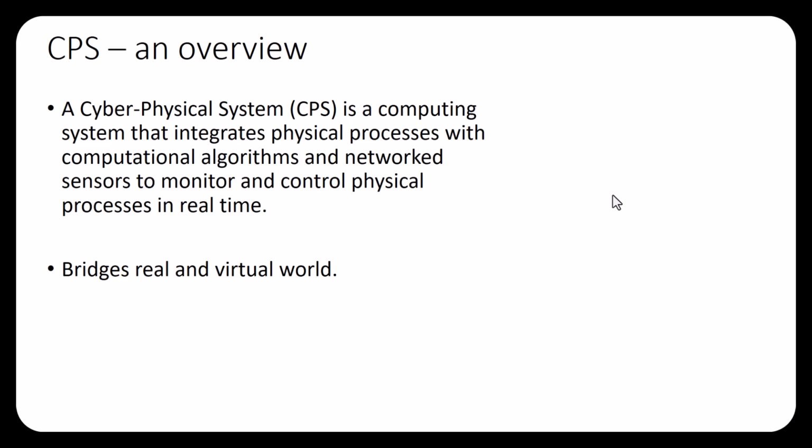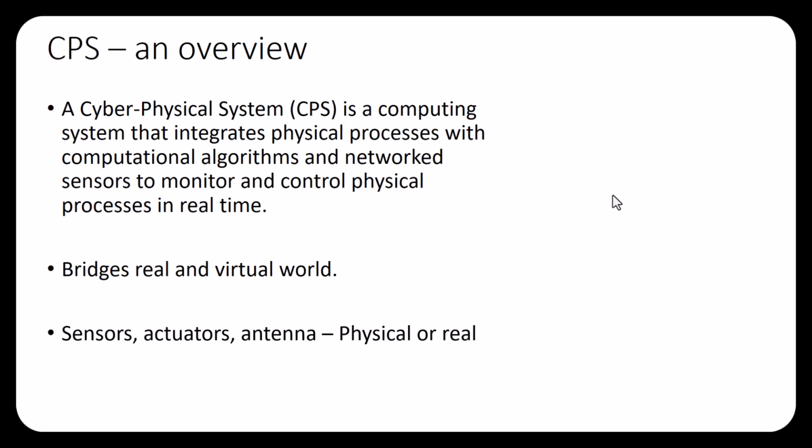As an overview, a cyber physical system is a computing system that integrates physical processes with computational algorithms and networked sensors to monitor and control the physical process in real time. So basically it bridges the real world and the virtual world.